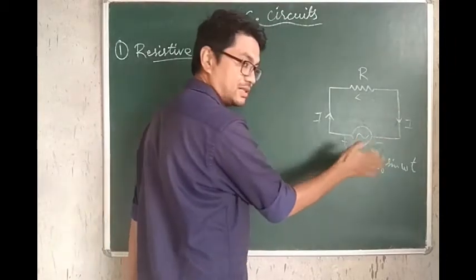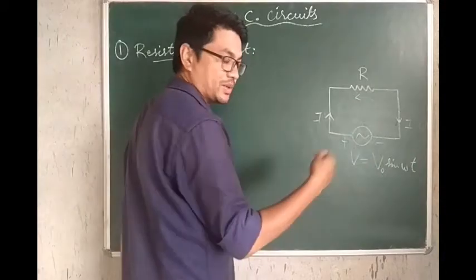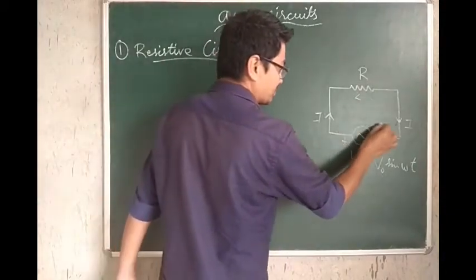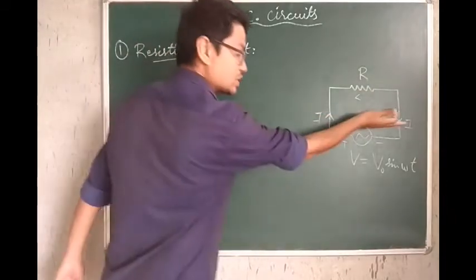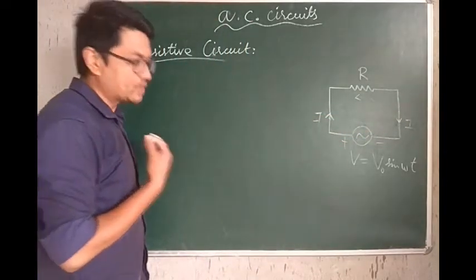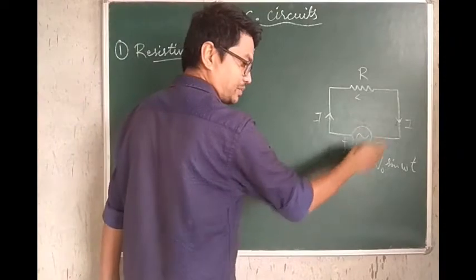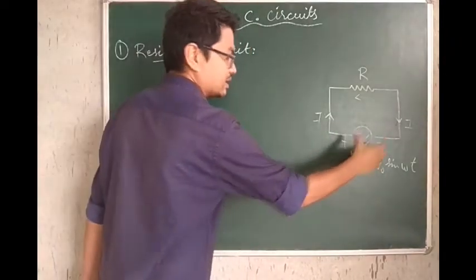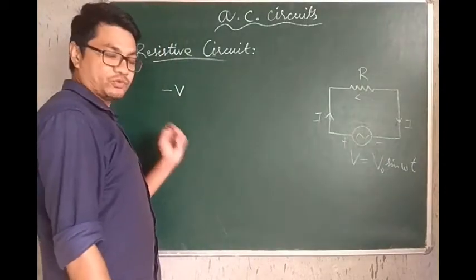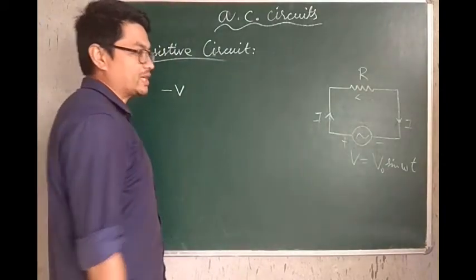At this instant, we have considered this to be positive, this negative, remember. So we are moving from the positive side to the negative side, that is, there is a fall in potential in the direction of our movement. Whenever there is a fall in potential, it's taken to be negative, so the potential difference across the power source is minus V, which is minus V naught sine omega t, of course, don't forget.